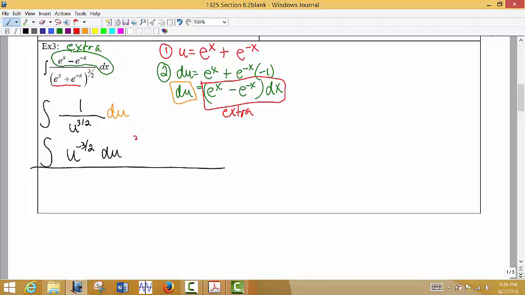So the third step is, once you have everything in terms of u, we want to actually integrate. So we're going to add 1 to the power, which means I'm adding 2 over 2, which gives me a -1/2. We're going to divide by the new exponent, -1/2.